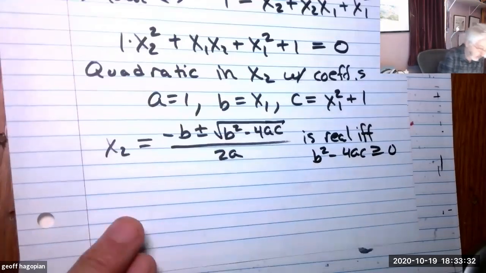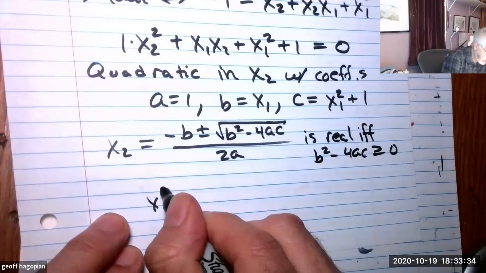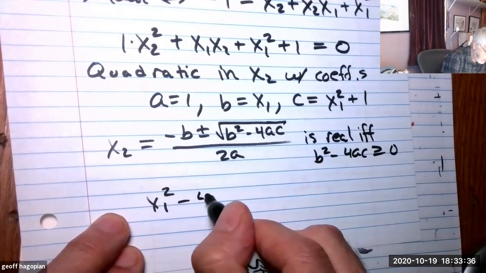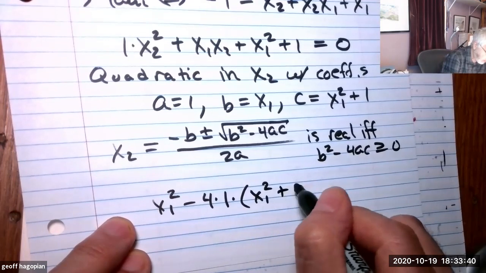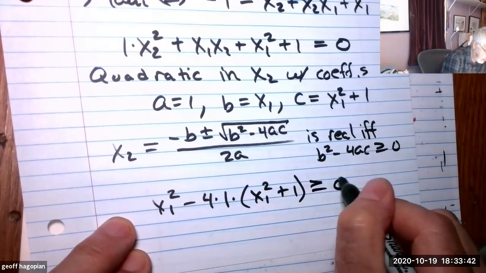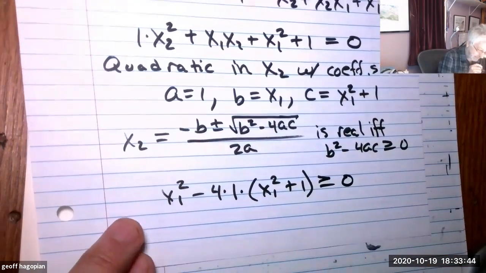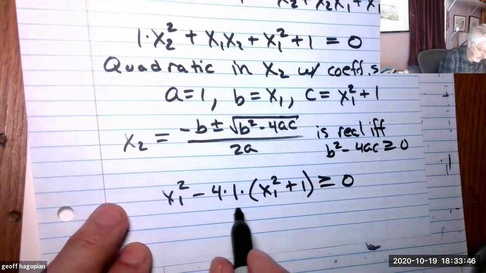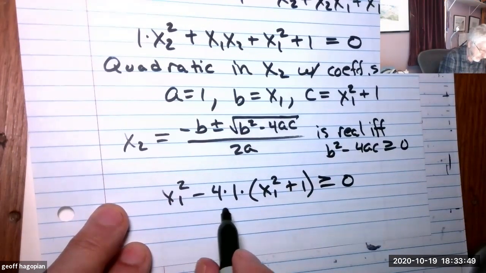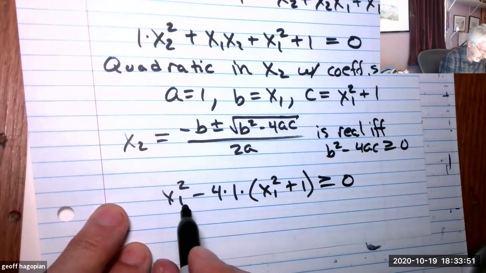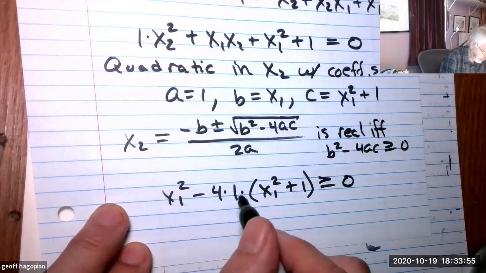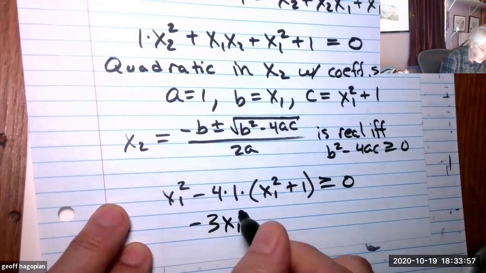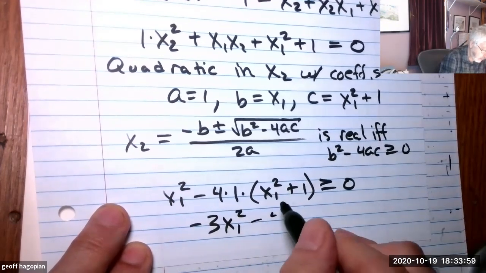Okay, well, that means that x1 squared minus 4 times 1 times x1 squared plus 1 has got to be greater than or equal to 0, right? And these are like terms. So we got 1 minus 4 is negative 3x1 squared minus 4.